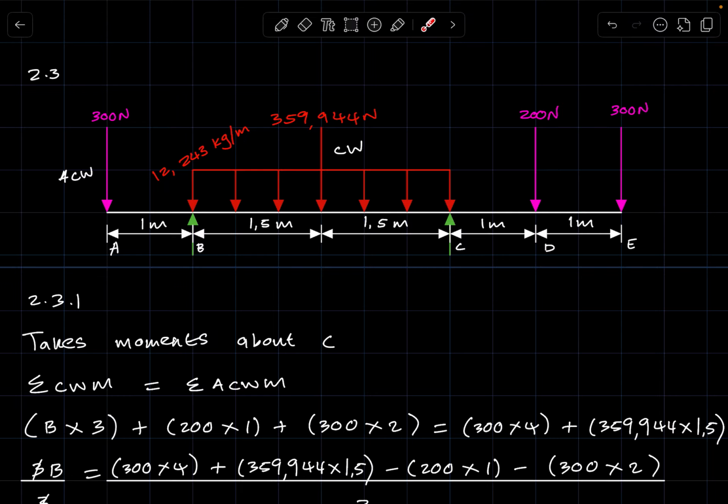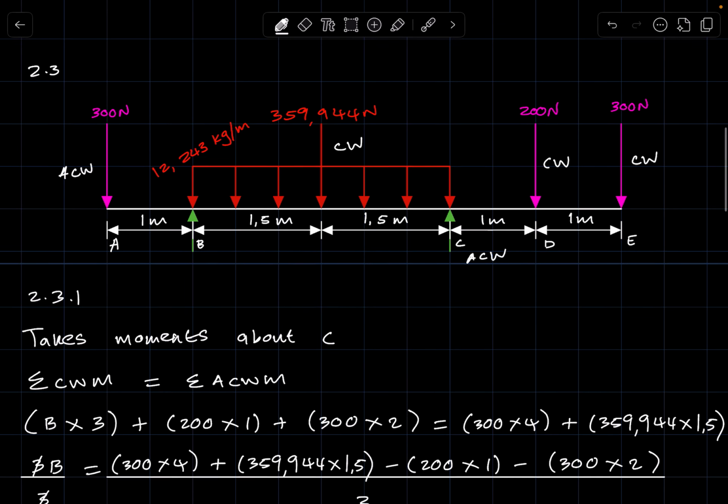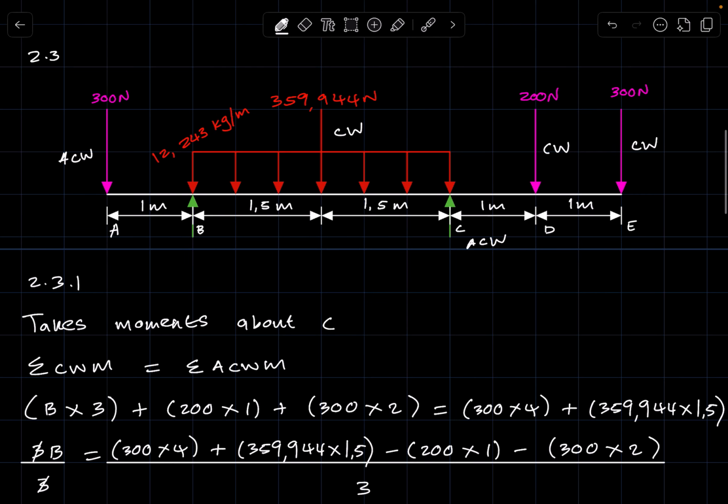This one also has a clockwise turning effect. So clockwise, that's clockwise as well. The reaction at C has an anti-clockwise, it's going against the clock, so this one is anti-clockwise. So two of these loads, this one and this one, are having an anti-clockwise turning effect towards point B, and then the weight components, the 200 and 300 point loads, all have a clockwise turning effect towards point B.